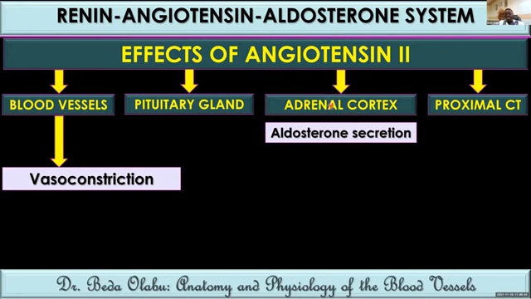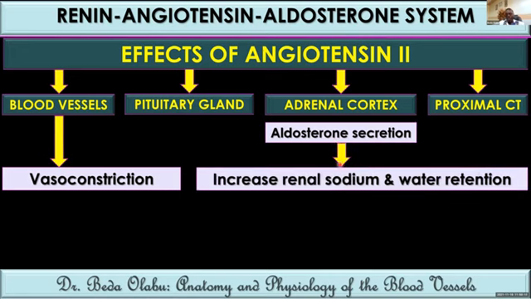So angiotensin 2 causes the zona glomerulosa to produce aldosterone, which is the main mineralocorticoid. The other zones of the adrenal cortex are stimulated by other things, not necessarily angiotensin 2. What's the effect of aldosterone?